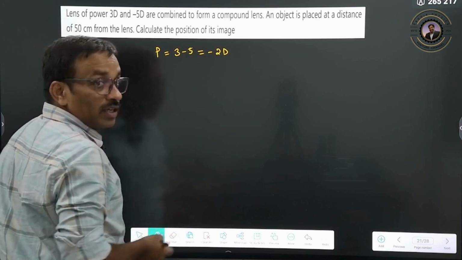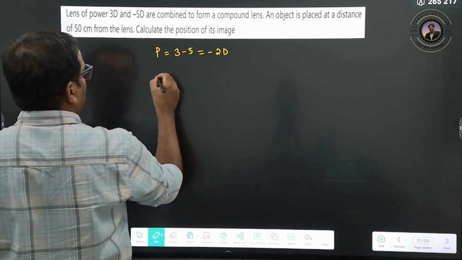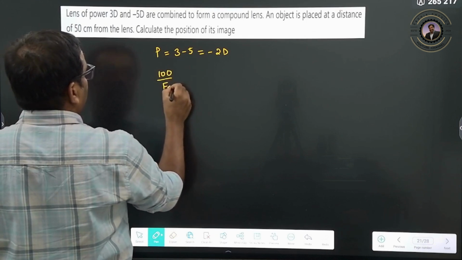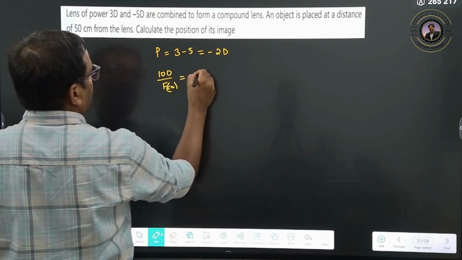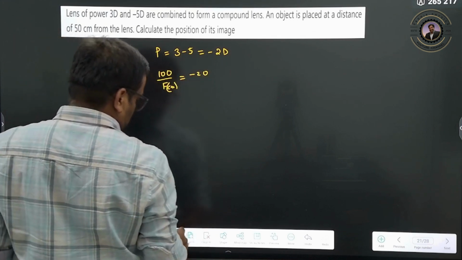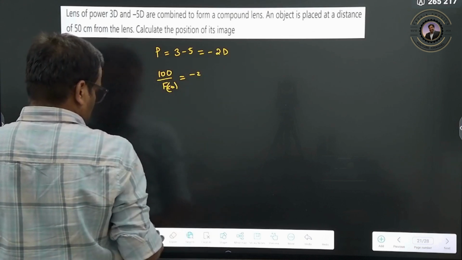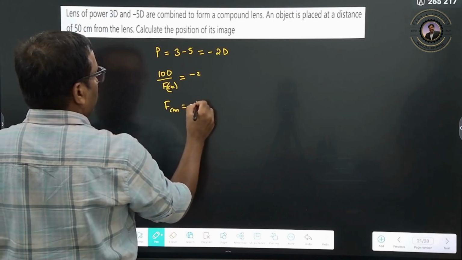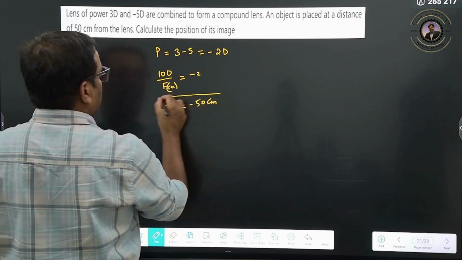That means it's a concave lens. So what is the focal length of this one now? It will be 100 by f in centimeters, equal to minus 2. Clear? So the focal length in centimeters will be minus 50 centimeter.